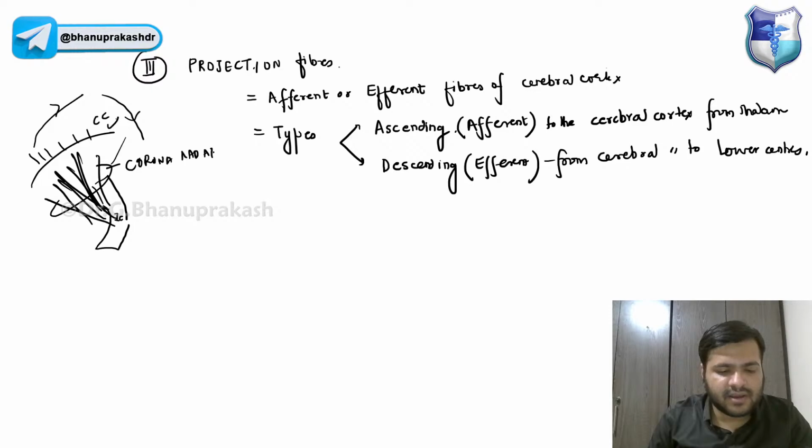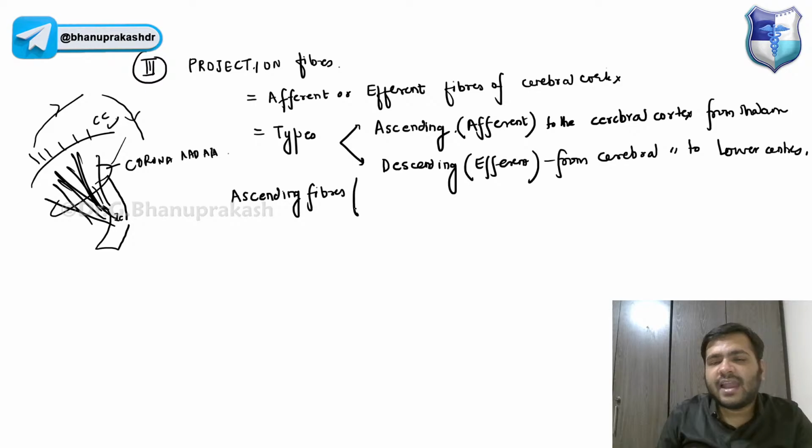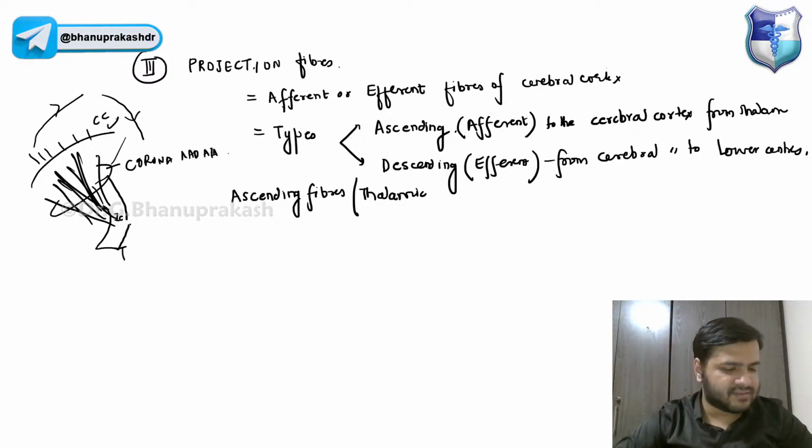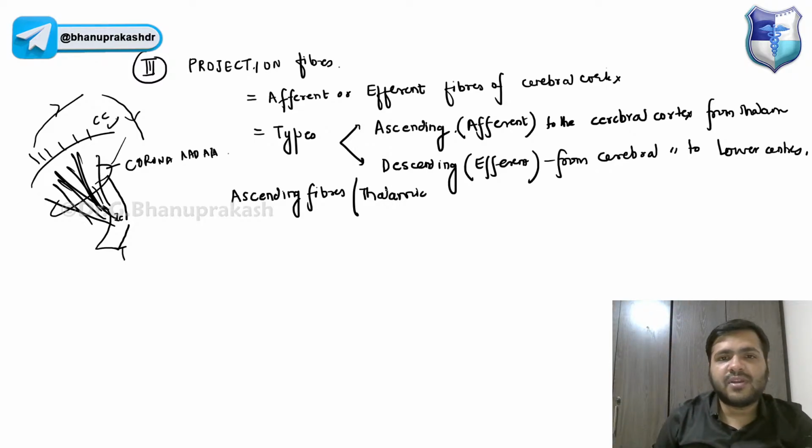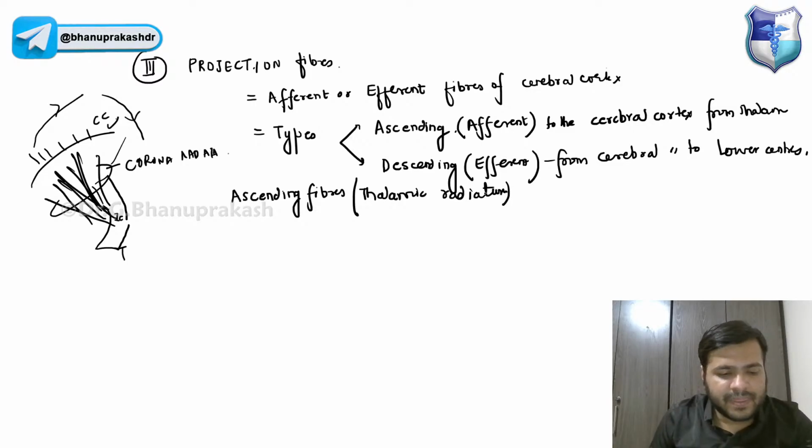Whenever we talk about these ascending fibers, we also call them thalamic radiations, because they come from the thalamus and radiate into the cerebral cortex. So yes, you guys have to remember the names over here, the ascending fibers.